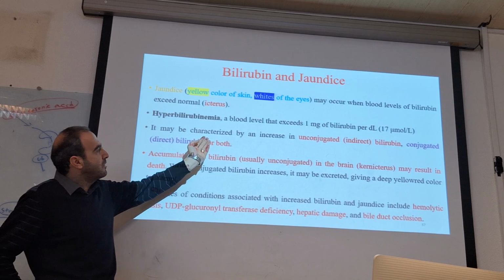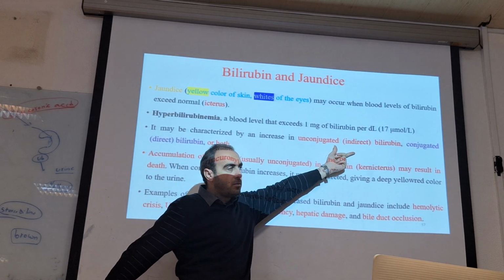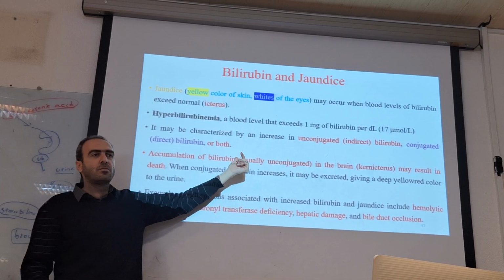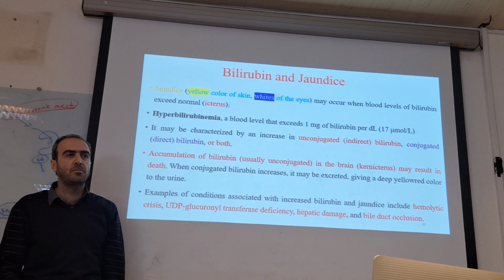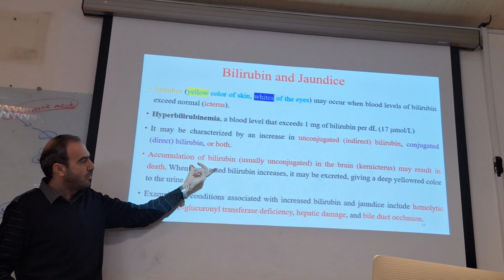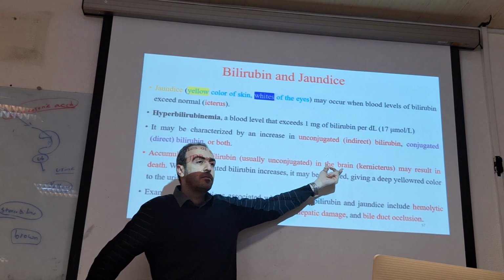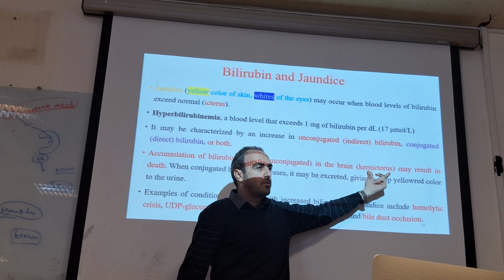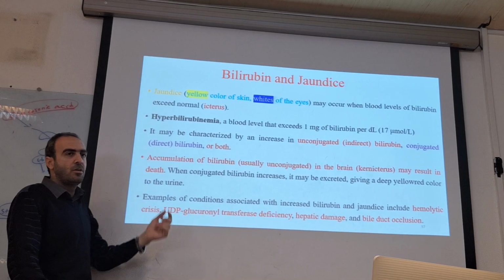It may be characterized by an increase in unconjugated (indirect) bilirubin, conjugated (direct) bilirubin, or both. It's dependent on the source of the increase in bilirubin. Accumulation of bilirubin, usually unconjugated, in the brain leads to the disease known as kernicterus.